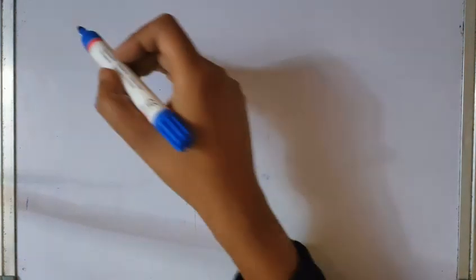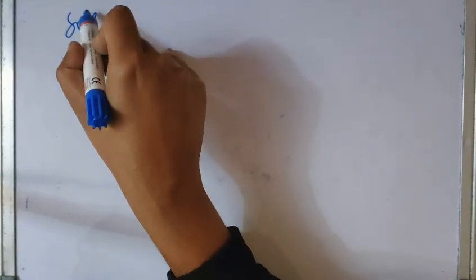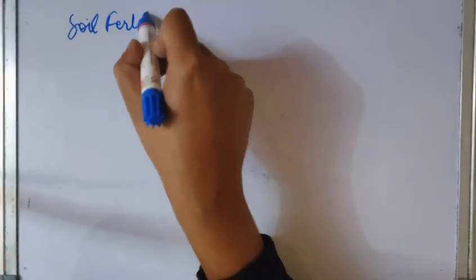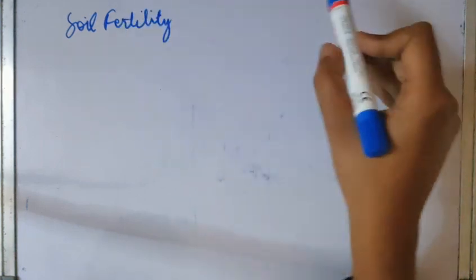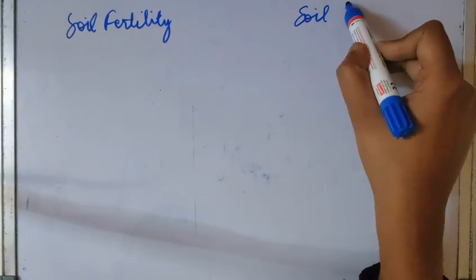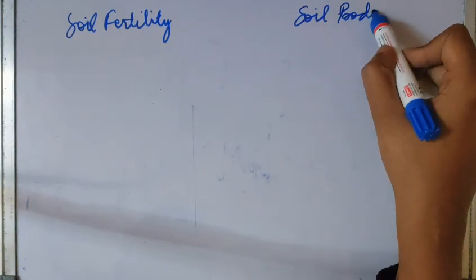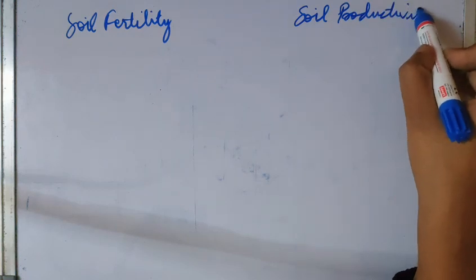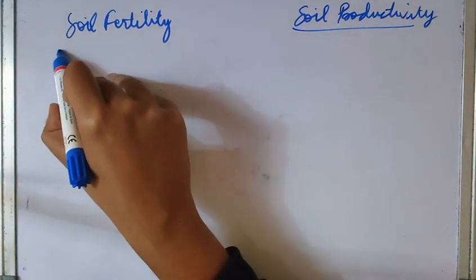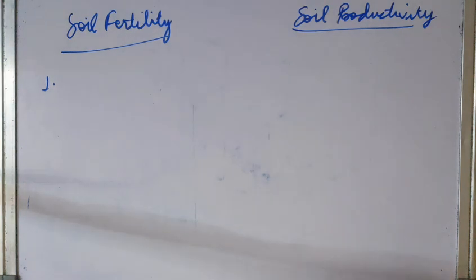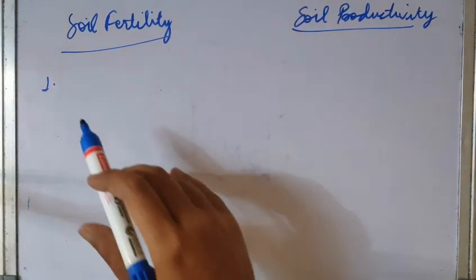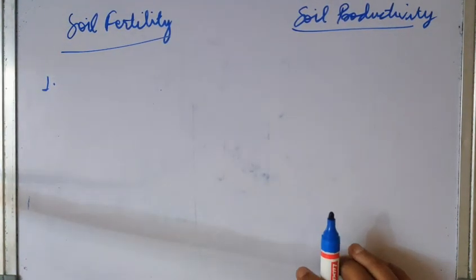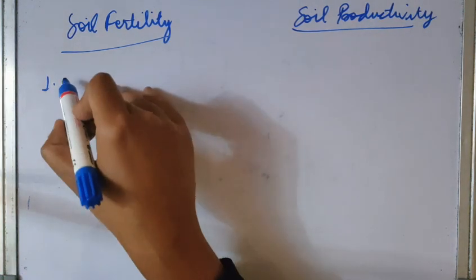Now what is the difference between soil fertility and soil productivity? Point number 1: soil fertility is considered as an index of nutrient availability to plants.